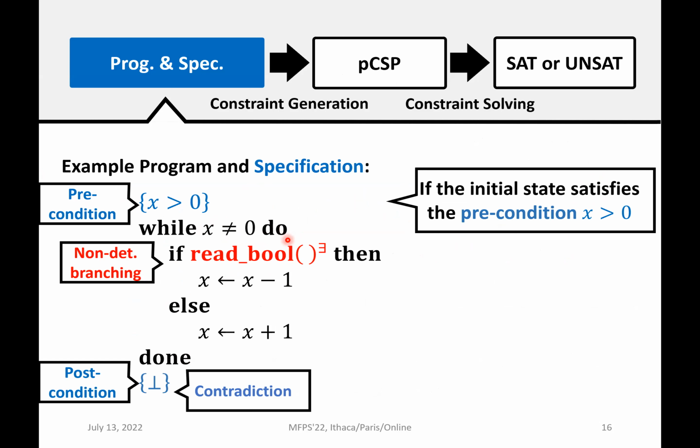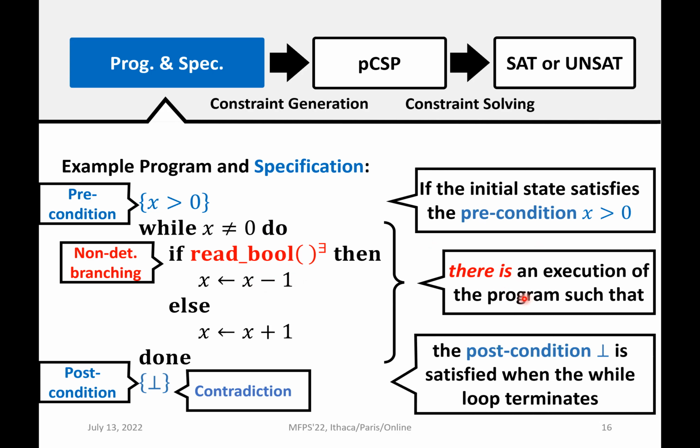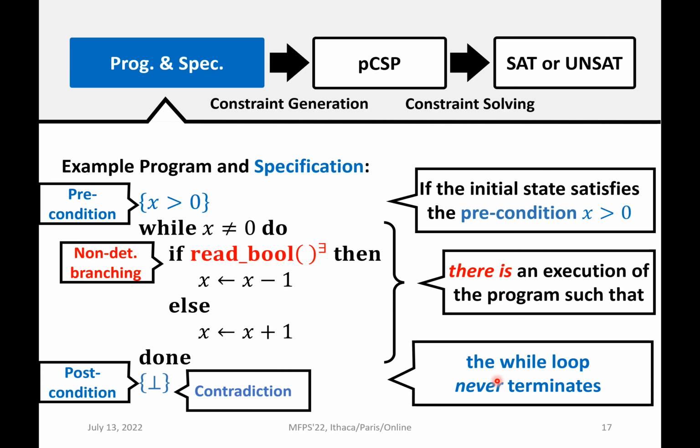Here, read bool takes some Boolean value, and we want to verify that if the initial state satisfies the precondition, there is an execution of the program such that the postcondition is satisfied when the while loop terminates. This means that the while loop never terminates. So we want to verify the non-termination of the program. We want to synthesize a strategy that leads to non-termination of the program.